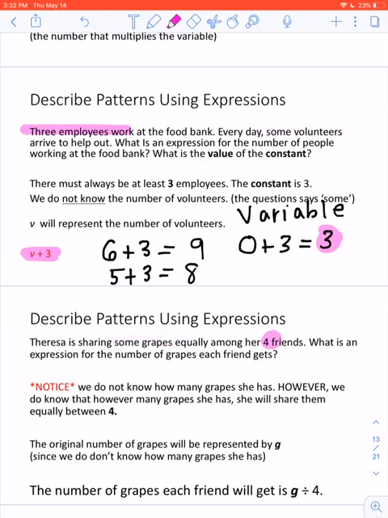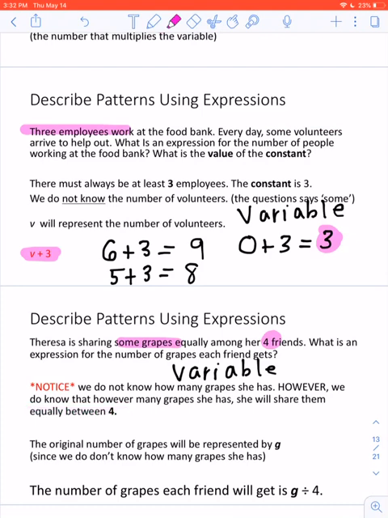It just says some grapes, just like it said some volunteers. So that's my hint right away that if it says some grapes, that is going to be my variable because I have no idea how many grapes there are. They didn't tell me. We do not know how many grapes she has. However, we know that however many grapes she has, she's going to share them between 4 friends. So grapes in this case is the variable.